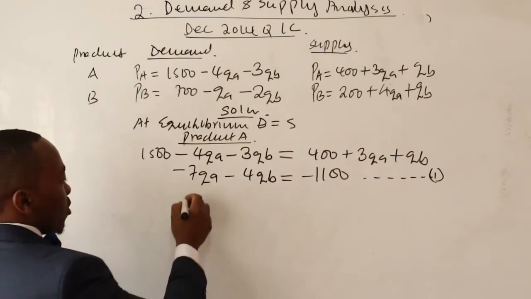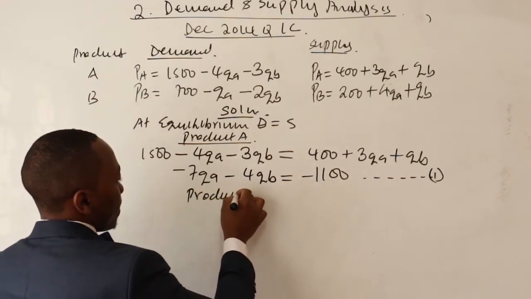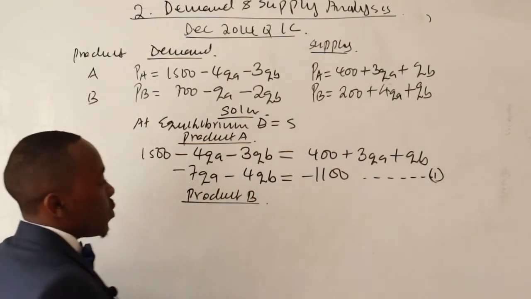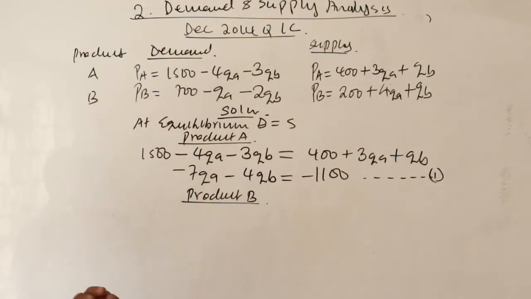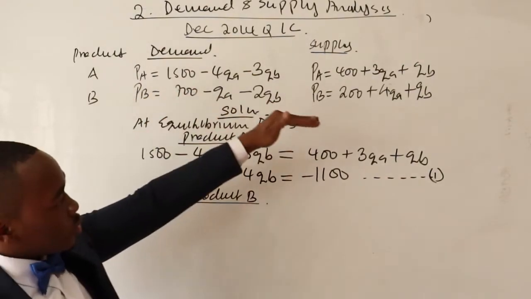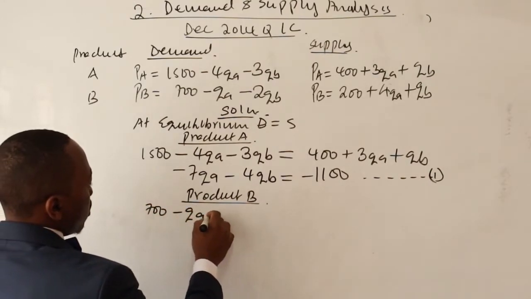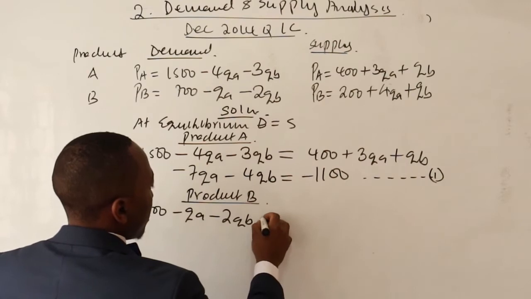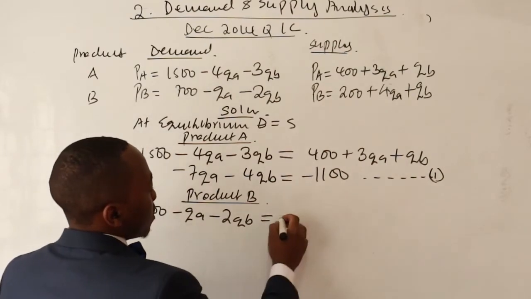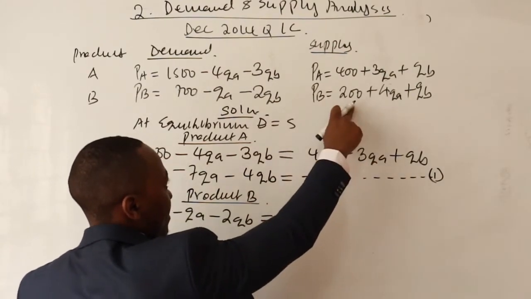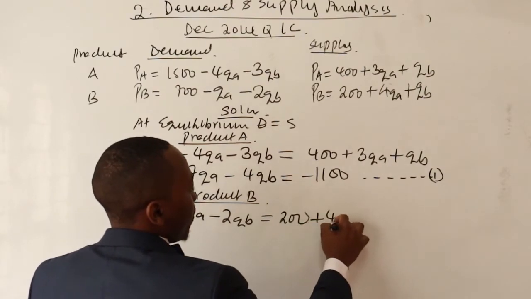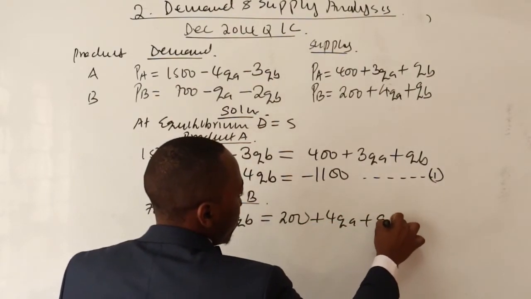Now let's go to product B. You do the same: demand is equal to supply. So 700 minus QA minus 2QB is equal to 200, that's the supply equation, plus 4QA plus QB.